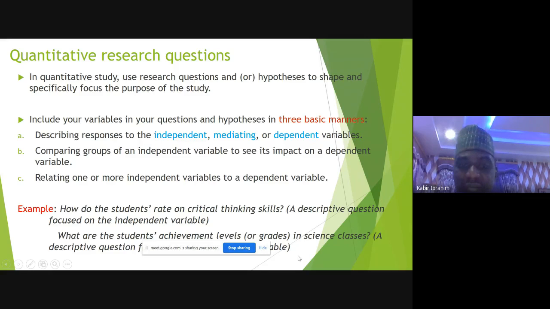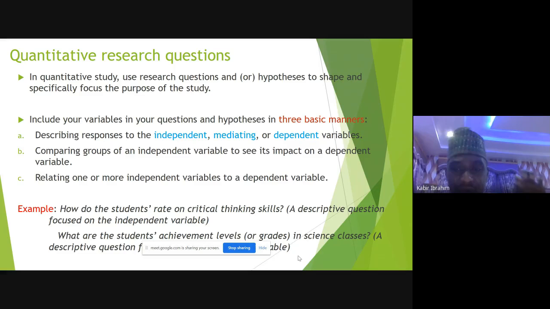Example here I will give is, how do students rate on critical thinking skills? A descriptive question focused on independent variable. Here we have our dependent variables and independent variable.